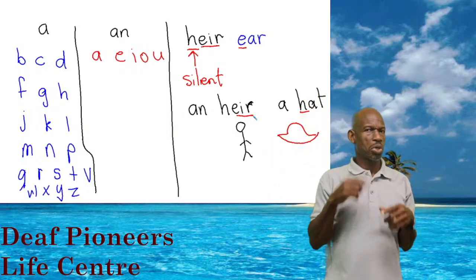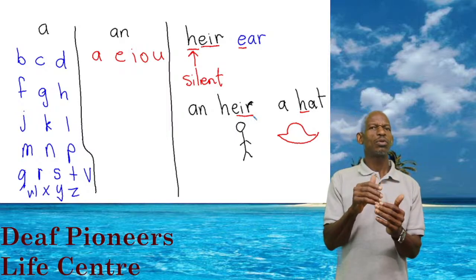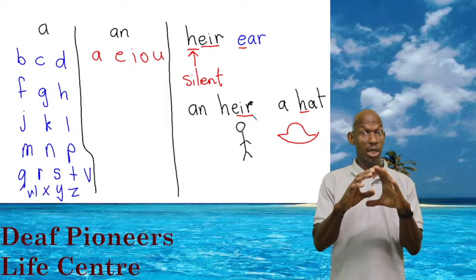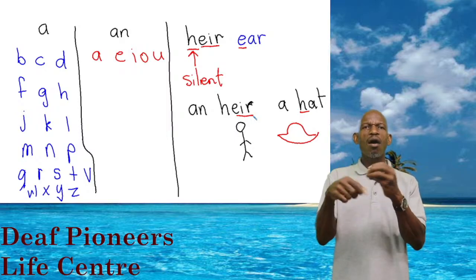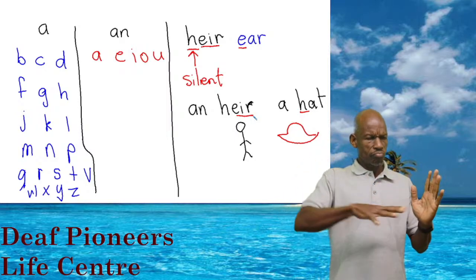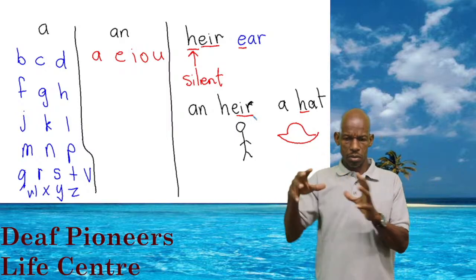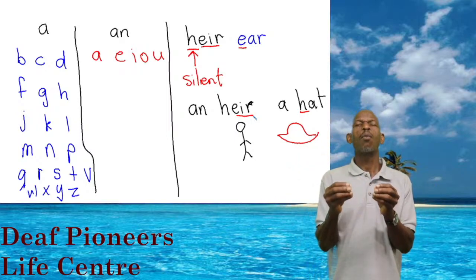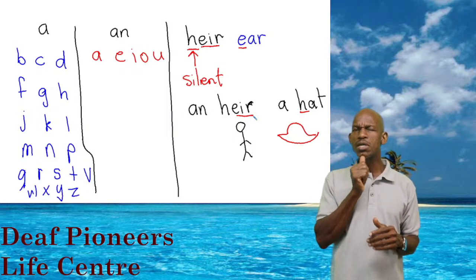So therefore, as we go from level to level, as the need arises, we're going to introduce these exceptions to the rules. So when I teach you a rule, I will bring the exceptions also, so you will learn words bit by bit. Okay?